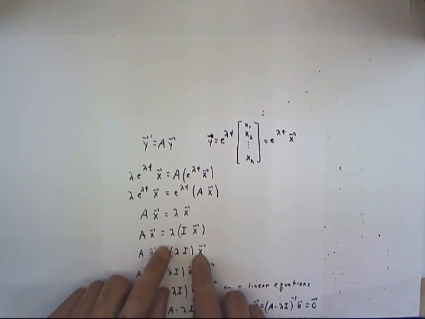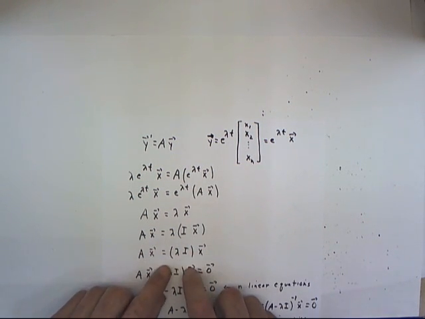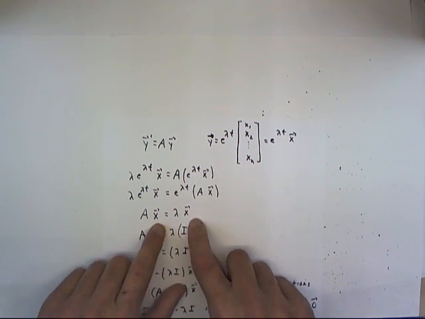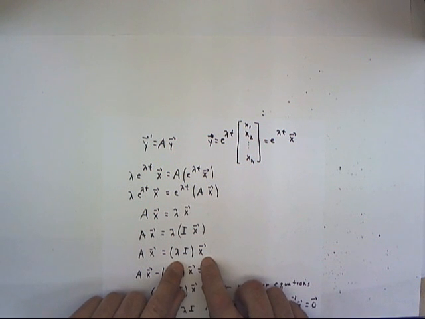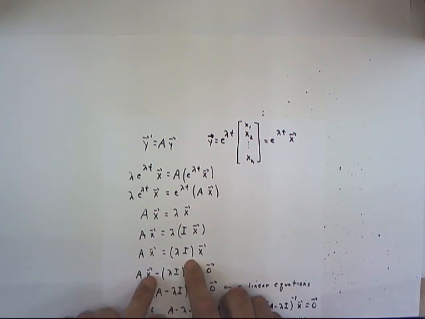Then, pulling the same trick we did earlier, we can represent the right-hand side as lambda I times x, just basically using an associative law, which gives us this equation.